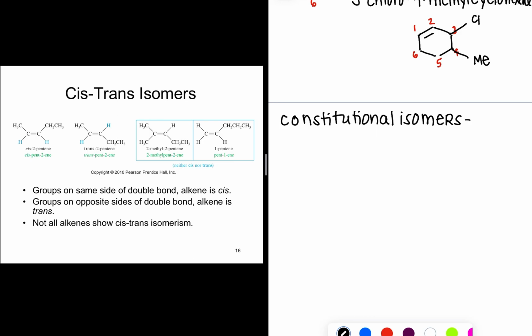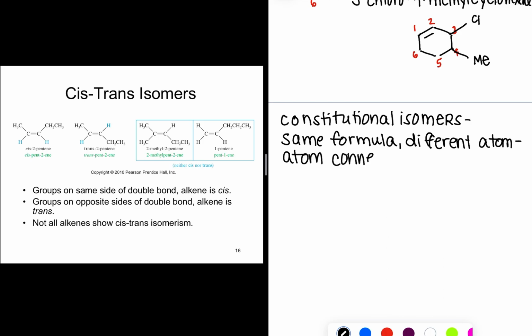Constitutional isomers were same formula, different atom-to-atom connectivity, that was one type of isomer you guys learned about.